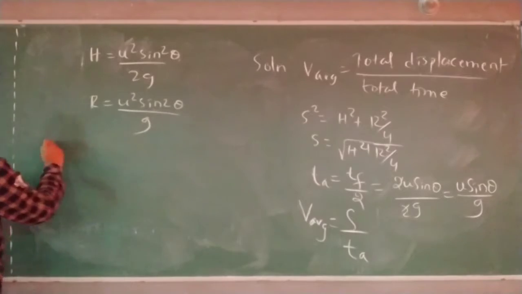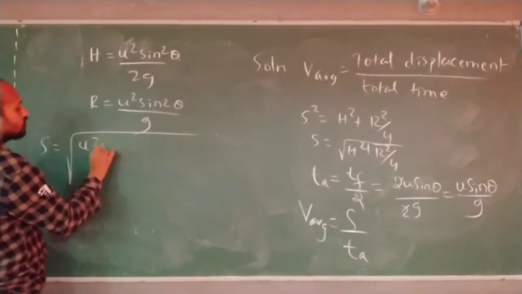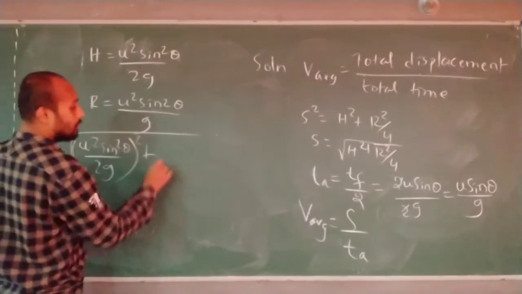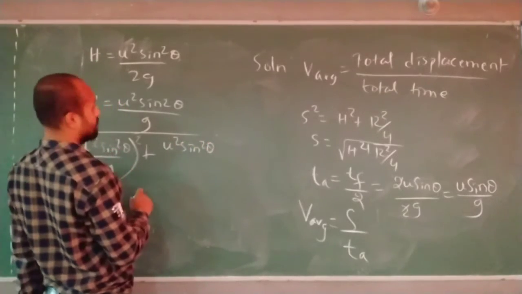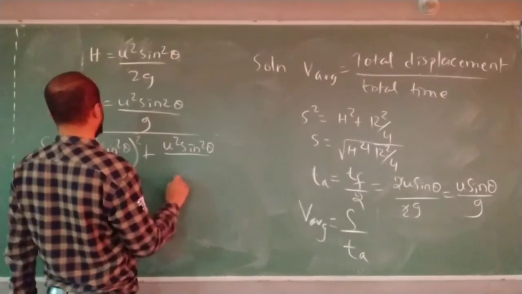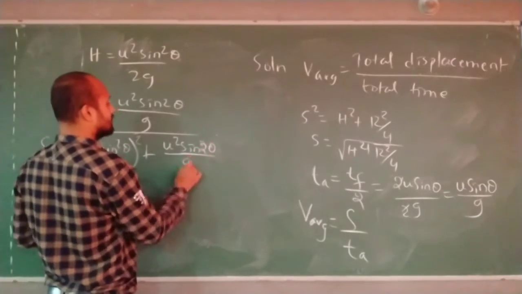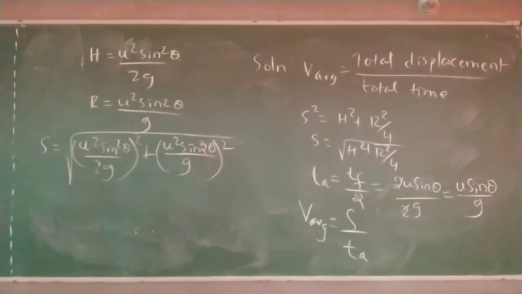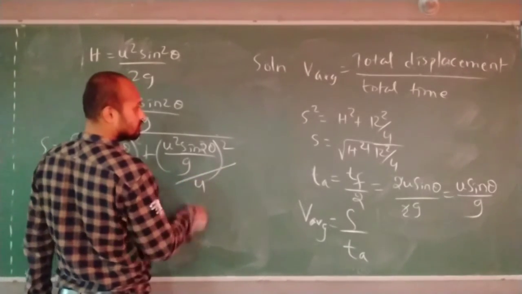So if I substitute here, S is root of (u square sin square theta by 2g) whole square plus (u square sin 2 theta by g) whole square, whole divided by 4.